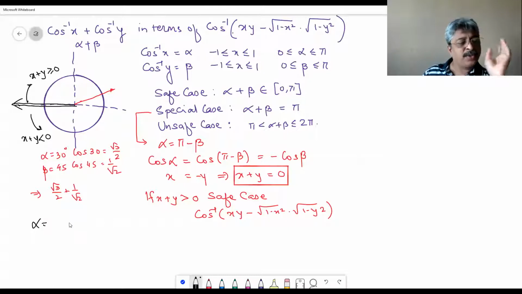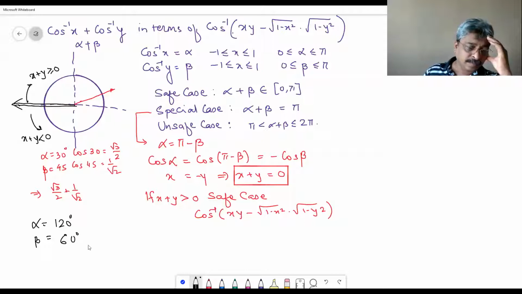Alpha is equal to 120 degree and beta is equal to say 60 degree. Exact 180, so let us take this as 150. Suppose alpha is equal to 150 degree and beta is equal to 60 degree.